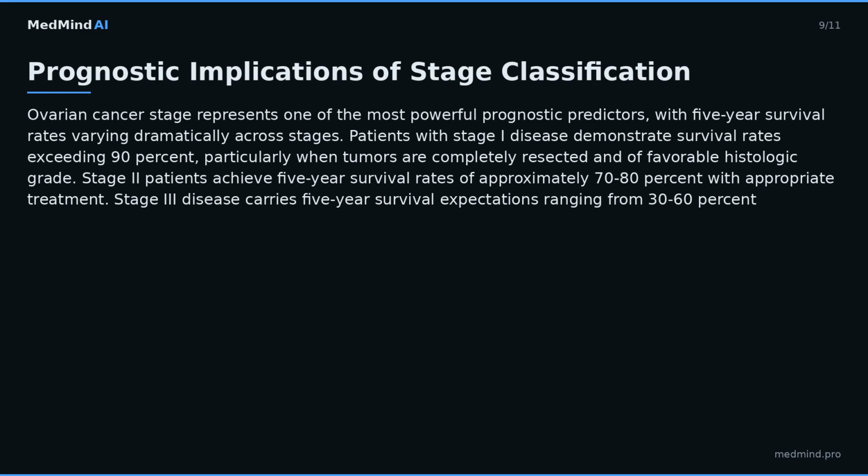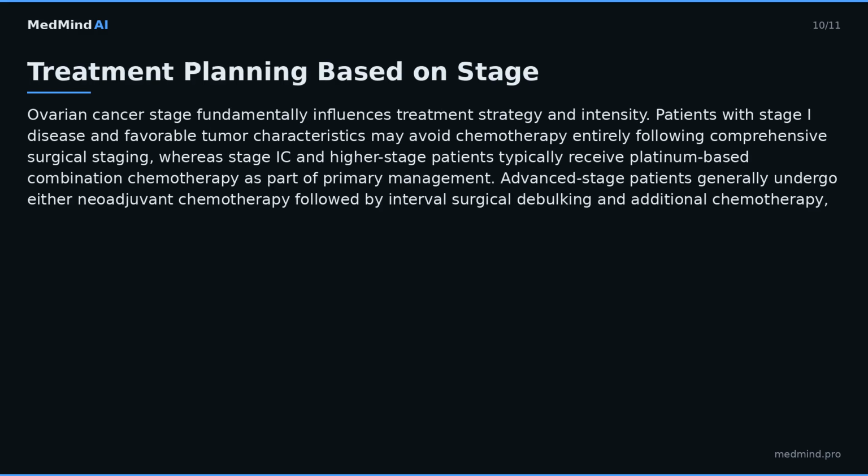Recent discoveries regarding homologous recombination deficiency and other biologic markers have further refined prognostic stratification and increasingly guide treatment selection beyond stage classification alone.